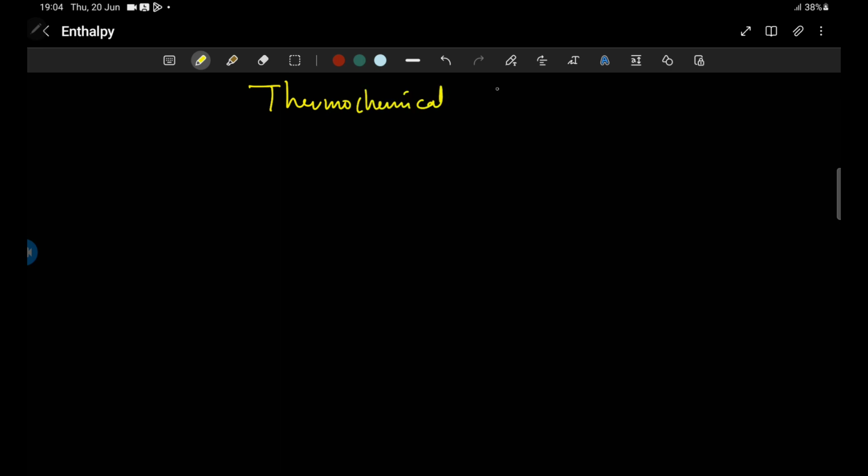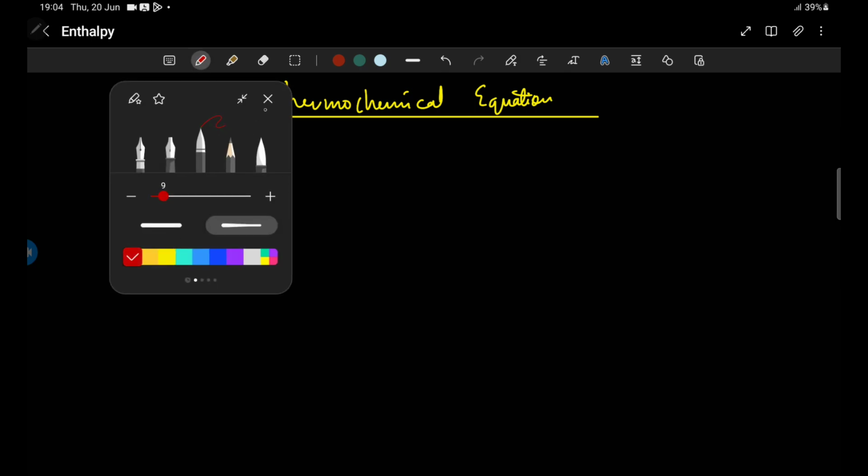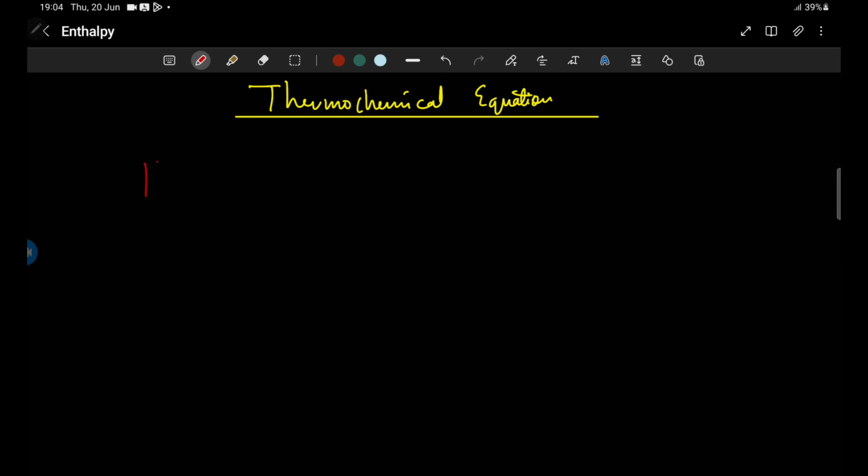All right, so let's say we have a thermochemical equation. How do we show endothermic and exothermic processes with an equation? For example, let's say we have hydrogen reacting with oxygen to produce water.